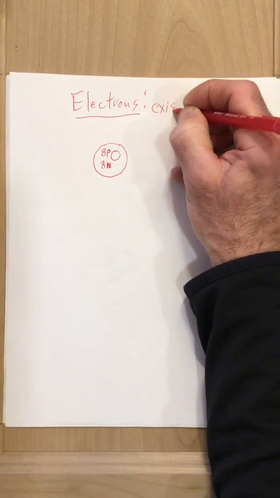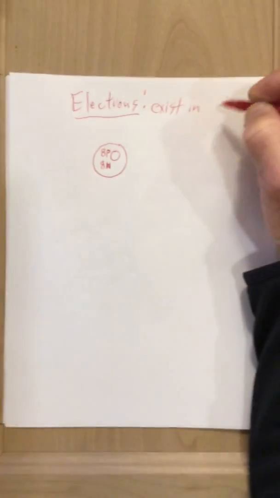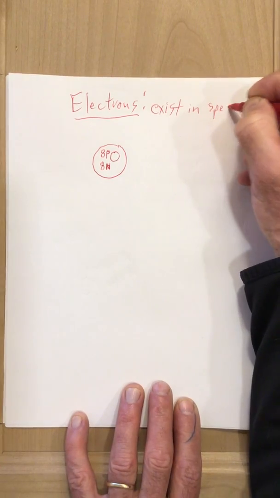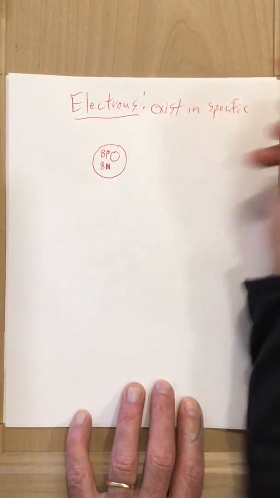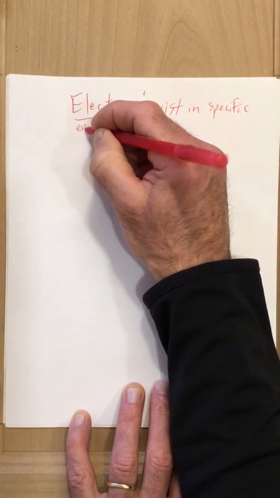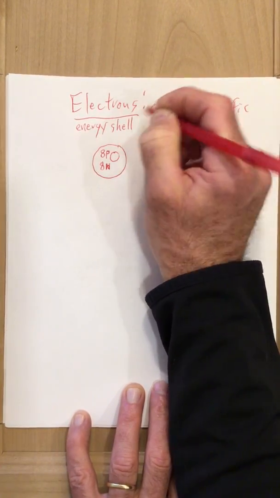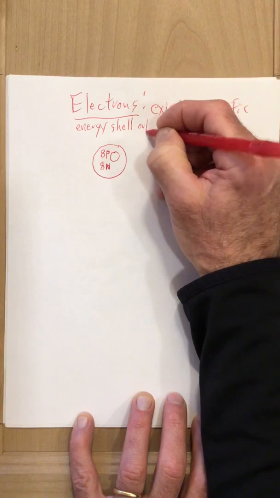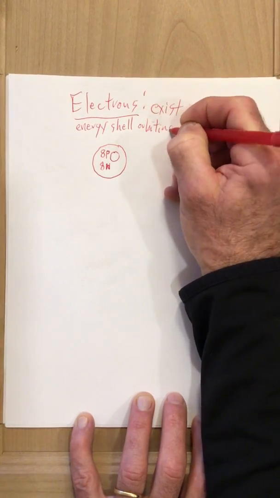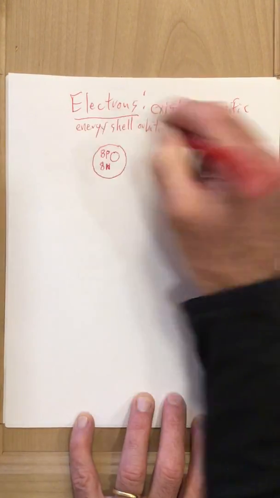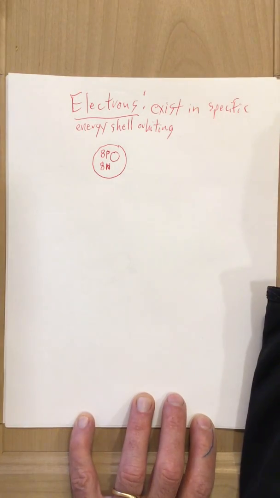Electrons exist in very specific energy shells, let's call them. Energy shells that are basically orbiting, meaning going around and around like that, super, super fast.